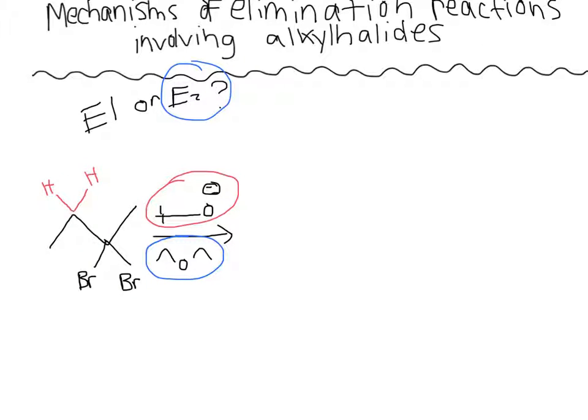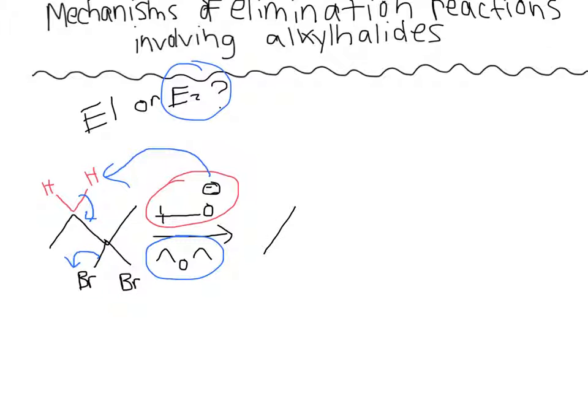So the first step of a reaction is that this t-butoxide is going to deprotonate one of these hydrogens. Once this hydrogen is deprotonated, the electrons from this bond move over here, and they will form a double bond. However, the formation of this double bond will have to bump off these electrons, and these electrons will go onto the bromine, and the bromine ion will then be booted off.